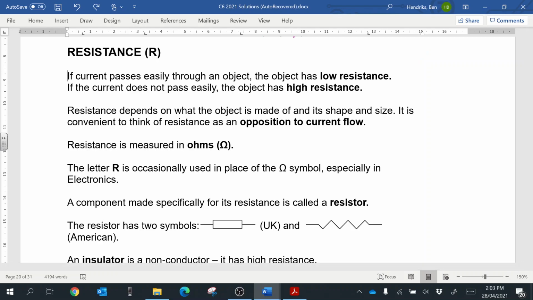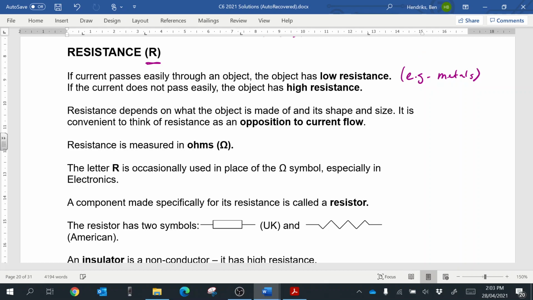We're looking at electrical resistance in this lecture, and resistance has the conveniently chosen symbol of R. If current passes easily through an object, the object has low resistance. For example, metals have low resistance.